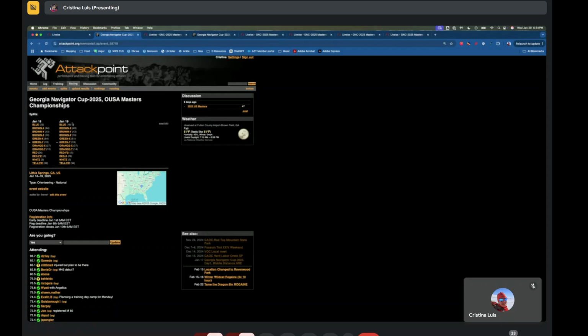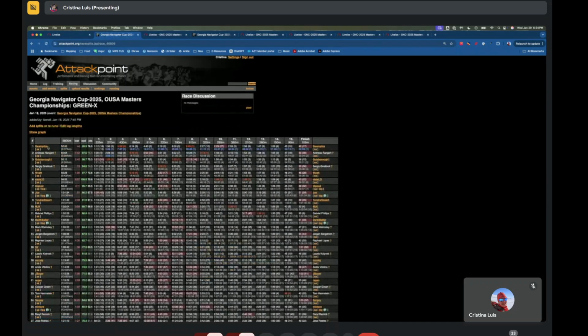If you have an account on Attack Point and you put your ePunch number in your settings, you can receive an email letting you know when the splits have been published, and they'll appear in your log. But the reason we're going to use these splits to supplement is mostly because of this little speed indicator.